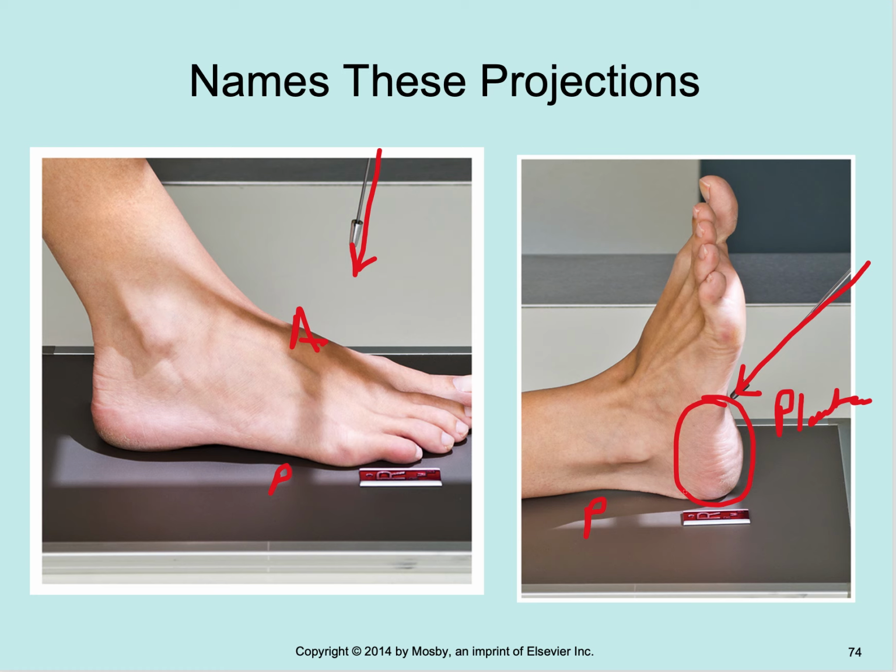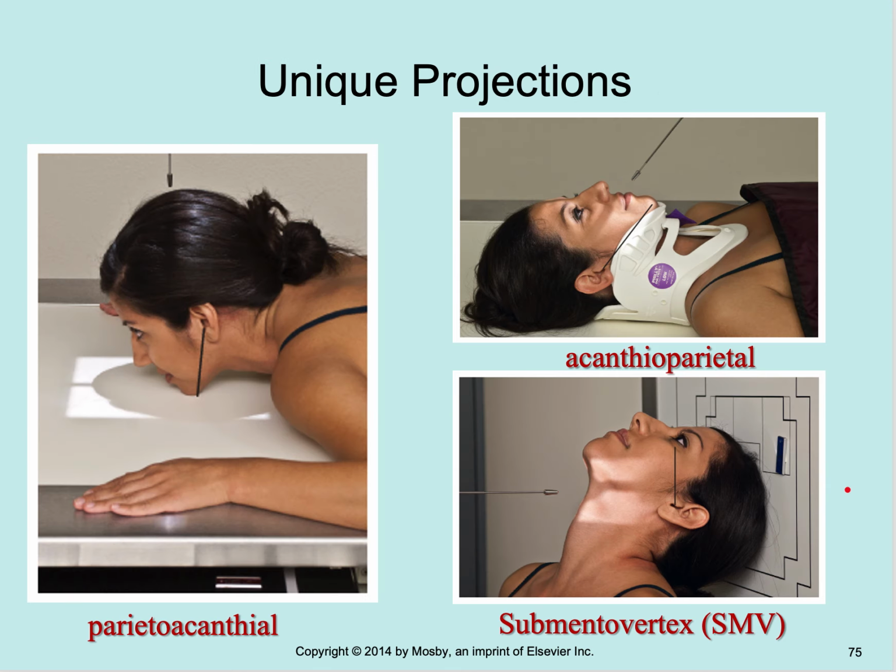So this is going to be a plantar dorsal axial projection of the calcaneus. Okay, so we are entering the plantar portion, exiting the dorsal portion, because this is considered our dorsal portion. So plantar dorsal axial projection of the calcaneus.